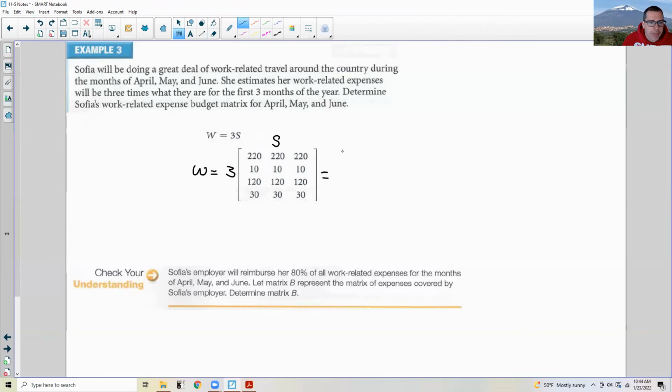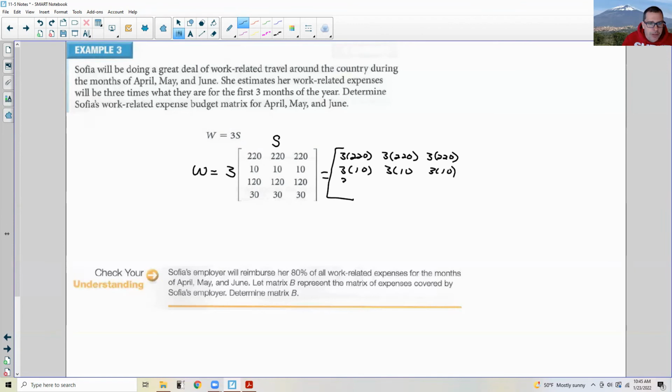And what's going to happen is you're going to get a matrix, and you're going to take 3 times 220. All you're doing is multiplying every single element of the matrix by 3. It's a very simple process. And this is 3 times 10, 3 times 10, 3 times 10.